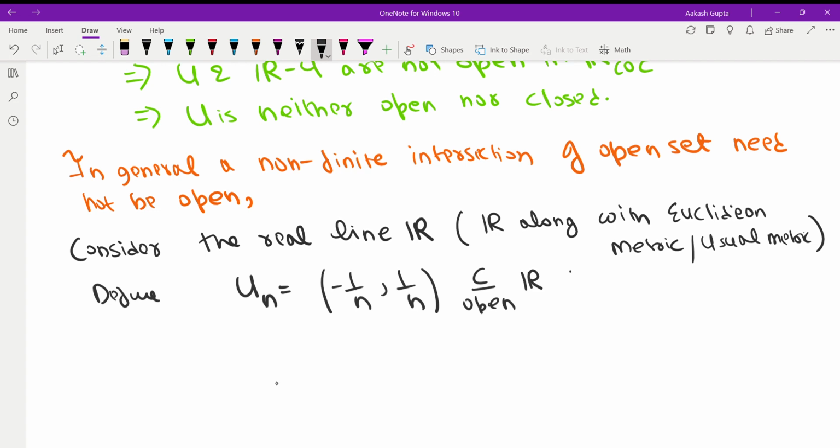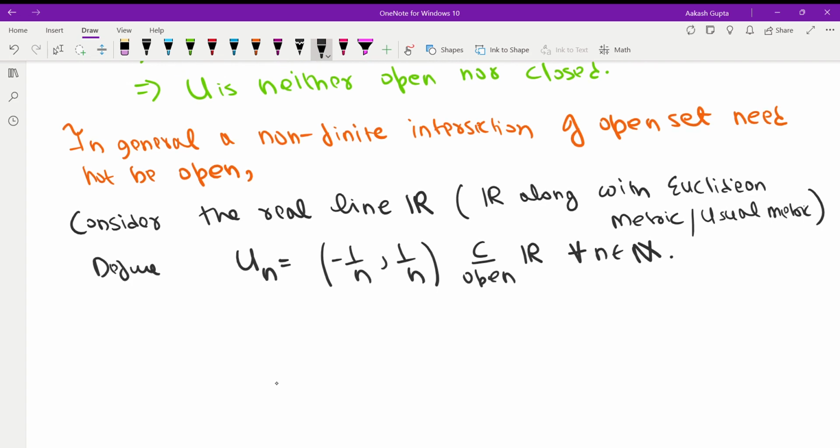This is clearly open in R for every n in N. Let us see what the intersection is. So choose x in the intersection of U_n, n in N. N is varying from 1 to infinity.